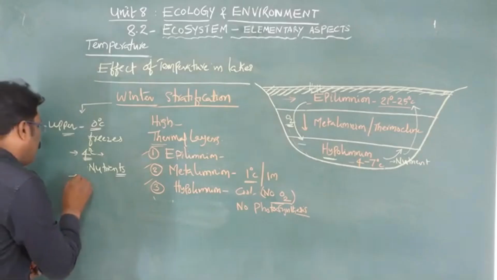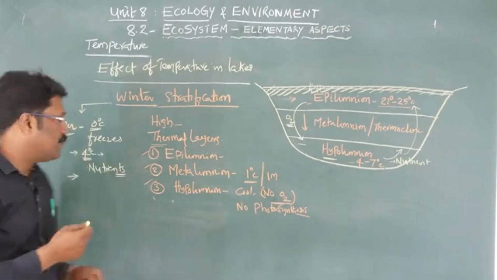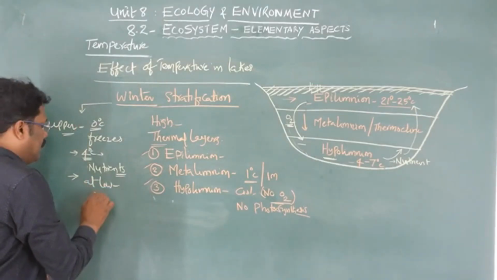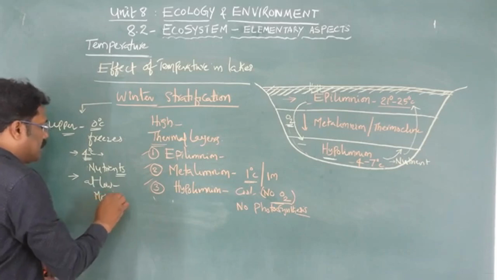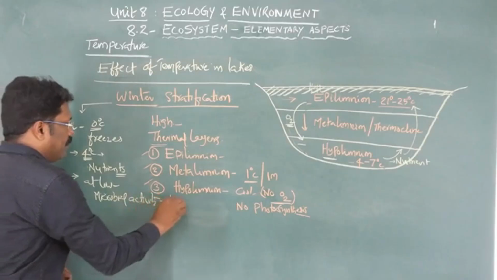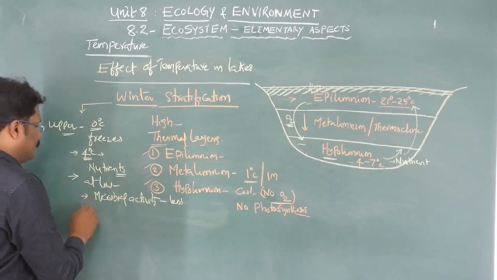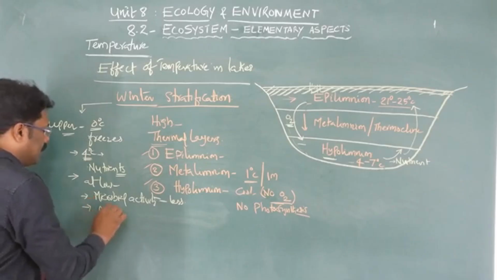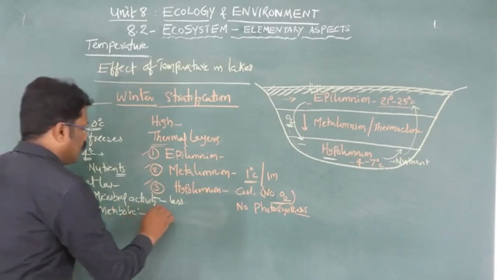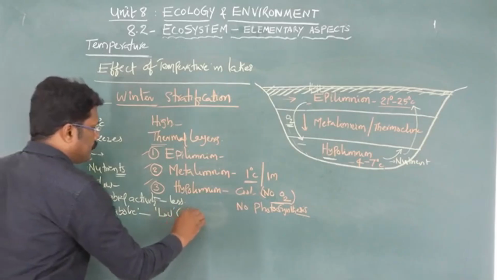And how are these animals able to live under these extreme conditions? Because at low temperatures, the microbial activity is very low, and not only that, the metabolic rate of the aquatic animals is also low because of the low temperature.